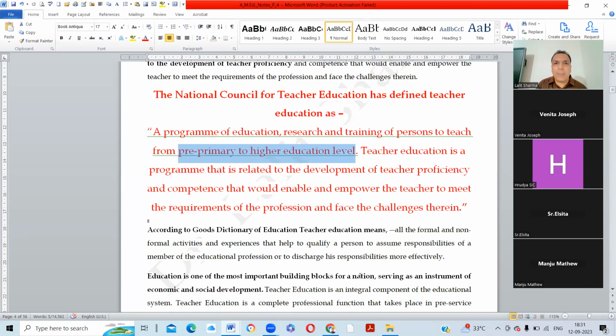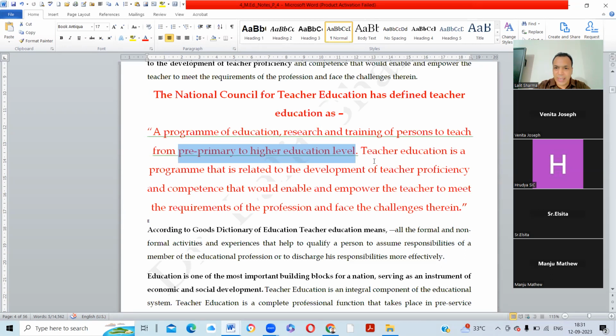That program can be NTT, nursery teacher training, D.El.Ed, diploma in education, or in some states it is called JBT or ETT. Third is B.Ed, Bachelor of Education, and M.Ed for Master of Education. Got it? It has become mandatory. Now you know that, right? So teacher education is a program of education, research and training of persons to teach from pre-primary to higher education level.